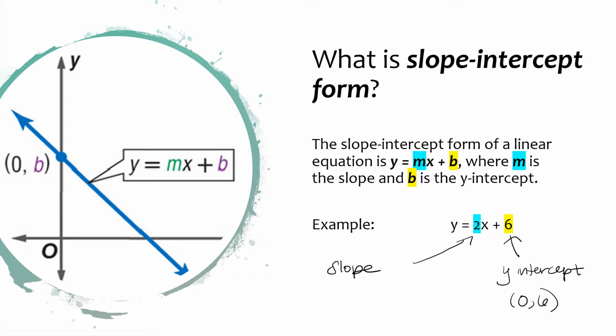And if I wanted to be a little bit more specific, b is the y coordinate of the y-intercept, because that b is that 6, the y coordinate of the y-intercept, whereas the y-intercept is actually (0,6), just to get technical. But basically, again, that y-intercept is just where it would be crossing that line.